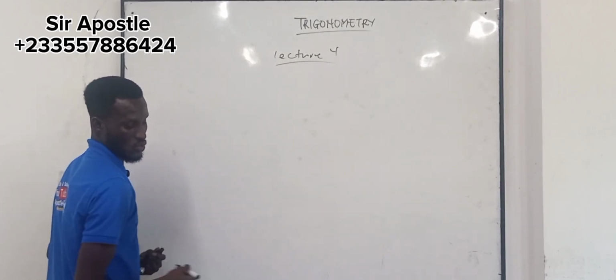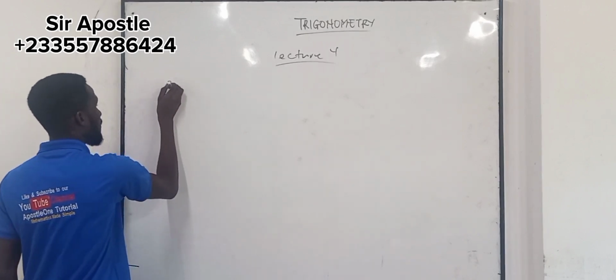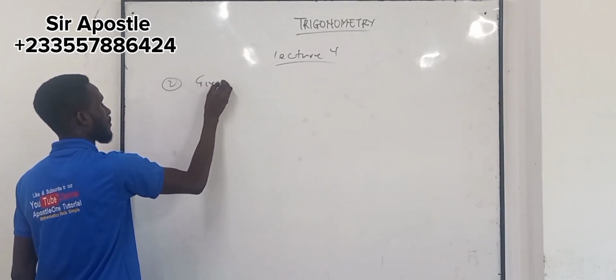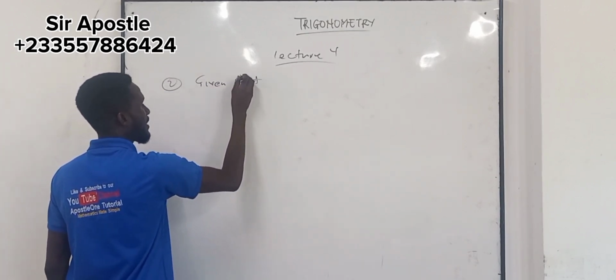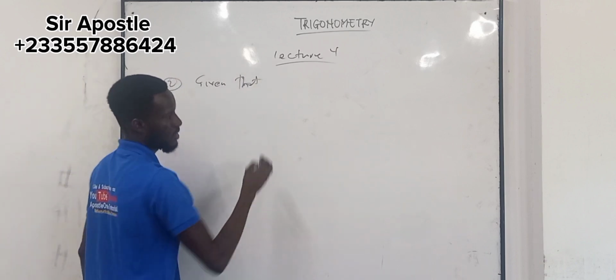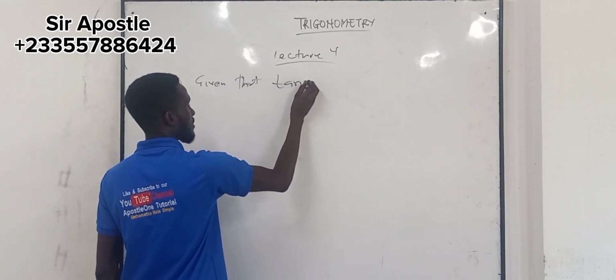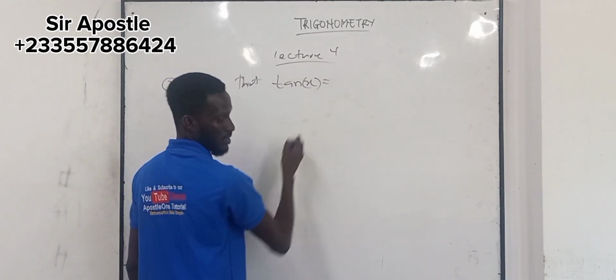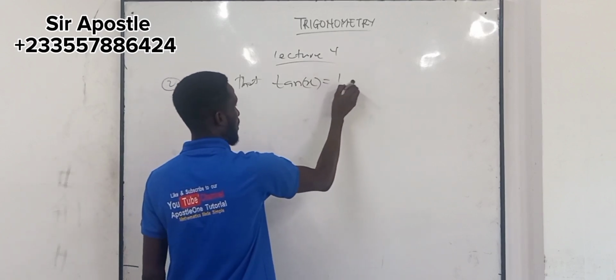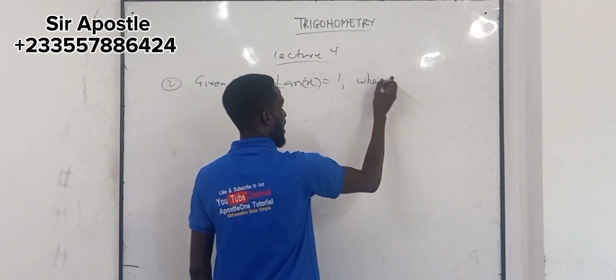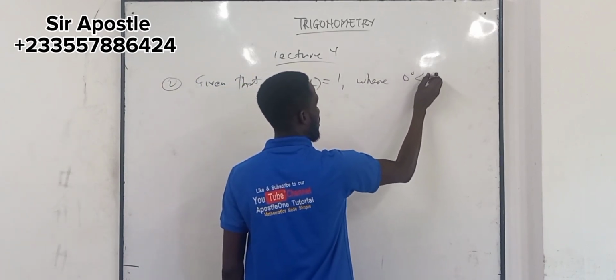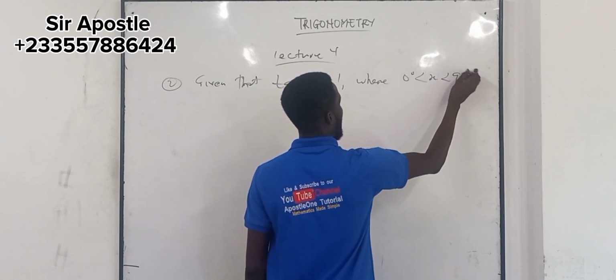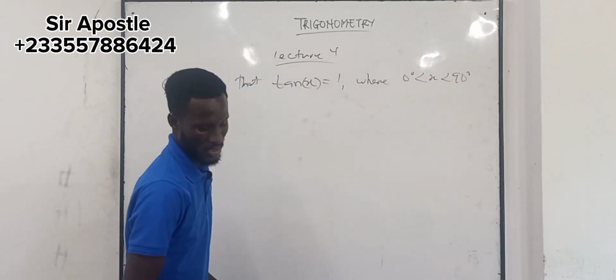So try question 2, we are given that tan x is equal to 1, and then it says that x is between 0 and 90 degrees.